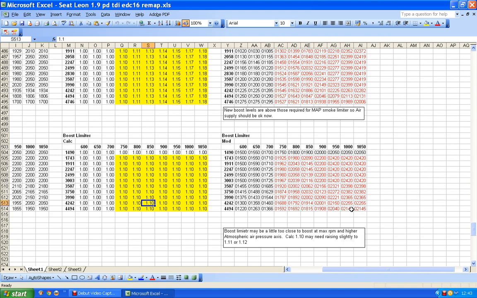There is a fairly good chance that we will be below these values. If you've looked at the EDC 15 information videos that I've made, you will know why that is, and the reason is the torque limiter is going to limit the available injection quantity, and when it does that, it may well be that we don't need this much boost.